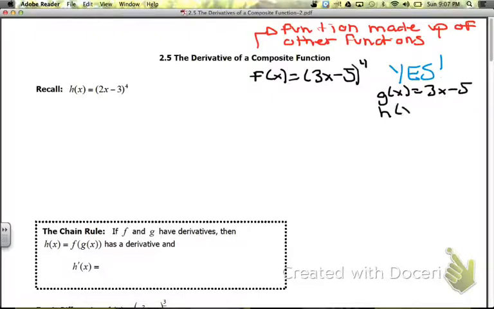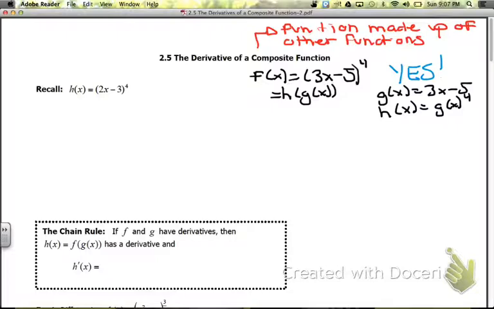And therefore h of x would just be g of x to the power of 4. So yes, this is a composite function. This is the same thing as saying h is following g of x.